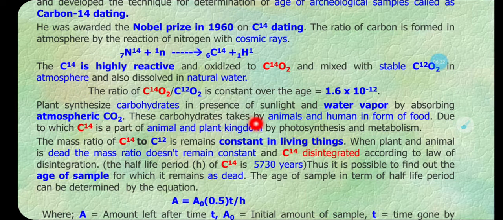This carbohydrate is taken by the animal and human being in the form of food, due to which a radioisotopic carbon, that is C14, is then part of animal kingdom and part of plant kingdom by the simple photosynthesis and metabolism process.